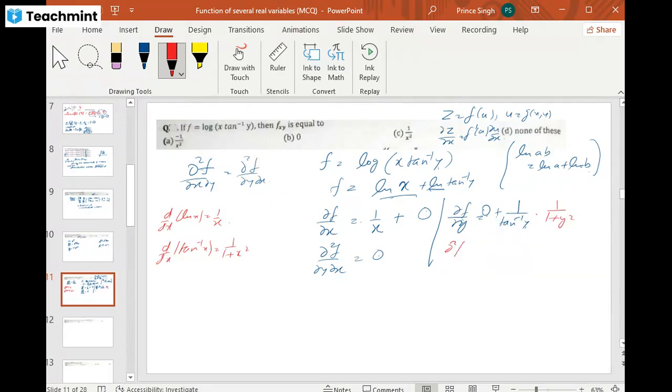But now if I differentiate with respect to x, because it is a function of y alone, automatically its derivative will be 0. Because it is a sum of two functions, one depending upon x only and the other upon y only, the second order mixed derivative with respect to the other variable is always 0.